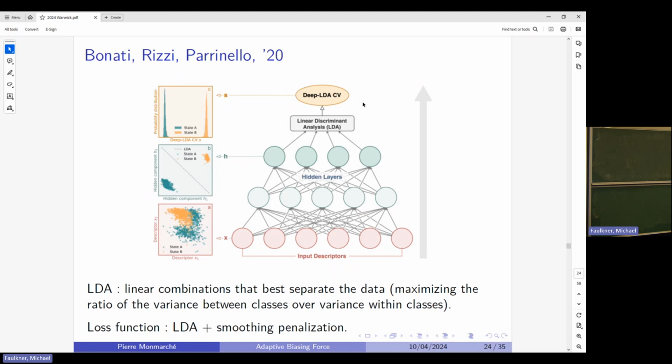So basically, you want a linear plane which decomposes your data in two parts in such a way that the variance within groups, the sum of the variance in each group, is small with respect to the variance between groups.